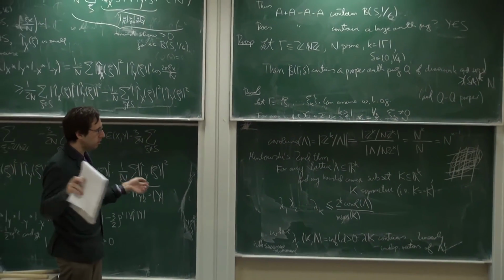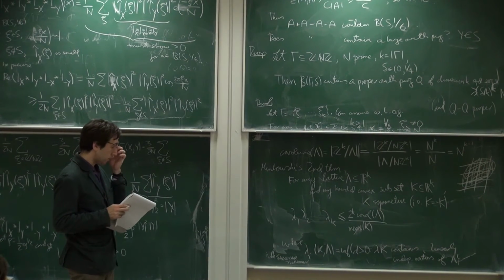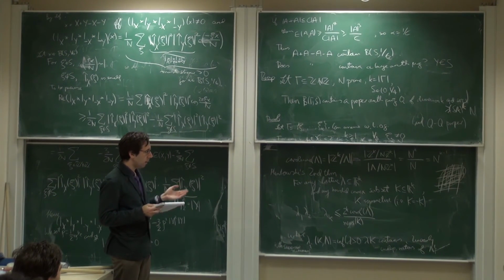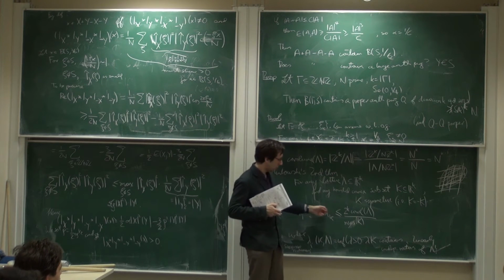It's by how much you can scale things down so you still contain i linearly independent vectors. So these are increasing numbers.